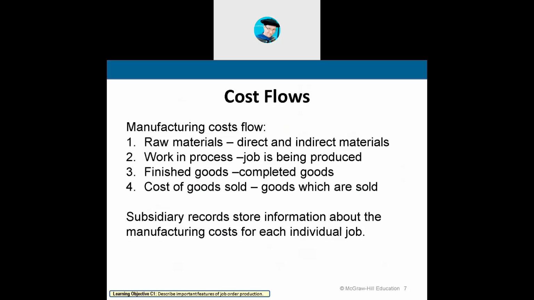My job order has all of the materials it took to build the truck, the total amount of hours each employee worked on building that truck times their hourly rate. That's direct labor. And plus the factory overhead rate. All of those things are on my job order cost sheet. That's what we're going to talk about next.